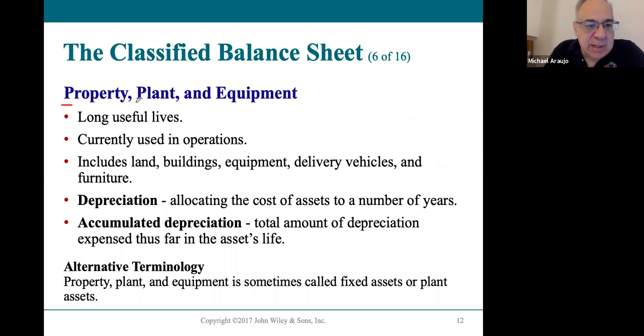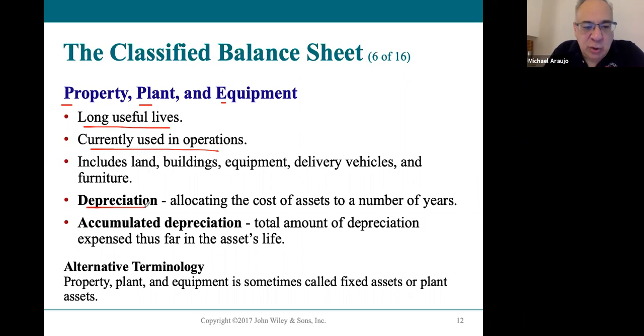Property, plant, and equipment is explained in your book. Again, long useful lives in the business, like I said, from a computer for just a few years to a building for 30, 40 years. They have to be currently used in the operating of selling whatever they're selling.